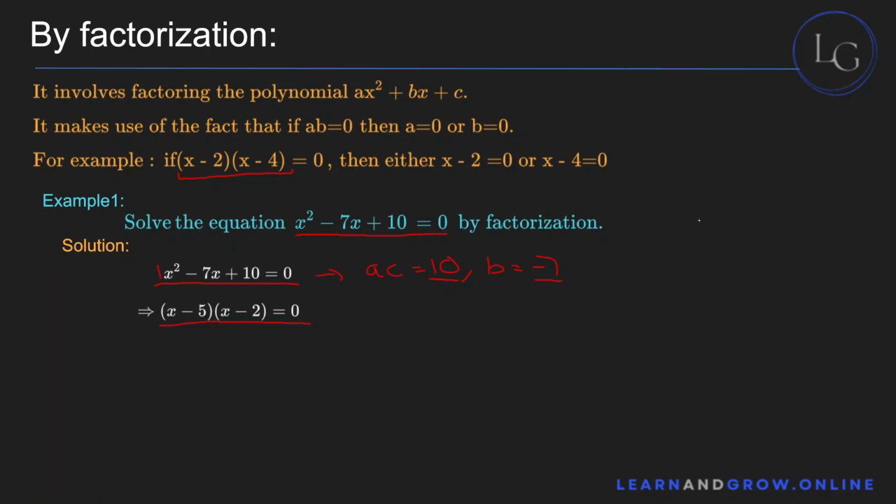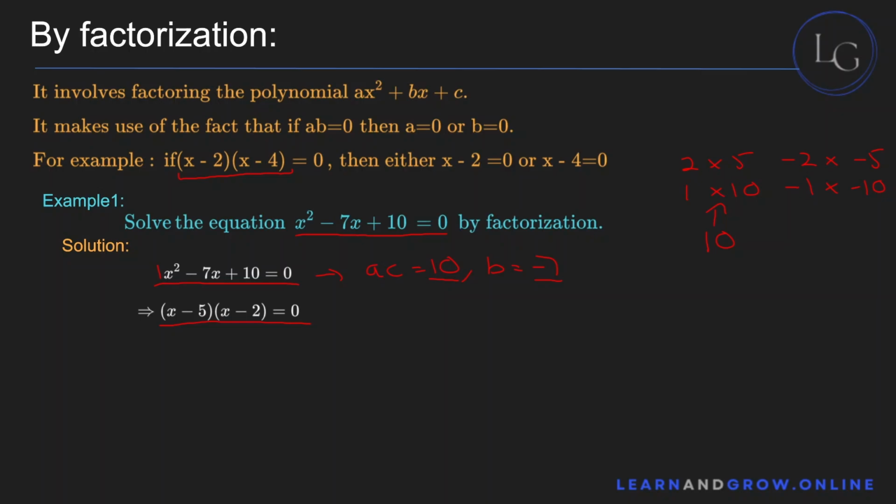So like over here, we have this 10, which is ac. You can multiply 1 and 10 to get this, or you can multiply -1 and -10 to get this. You can multiply 2 and 5 to get this, and you can multiply -2 and -5 to get this.